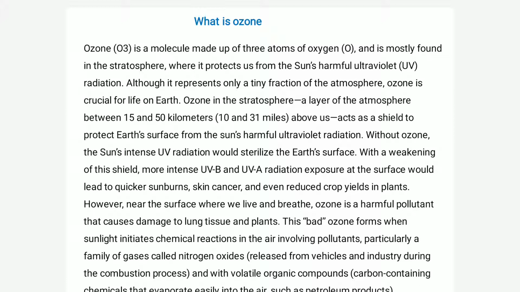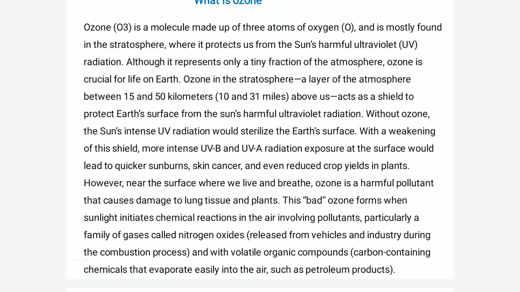So first of all we need to know what is ozone. Ozone is a molecule, formula O3, made up of 3 atoms of oxygen and mostly found in the stratosphere, where it protects from the sun's harmful UV rays.